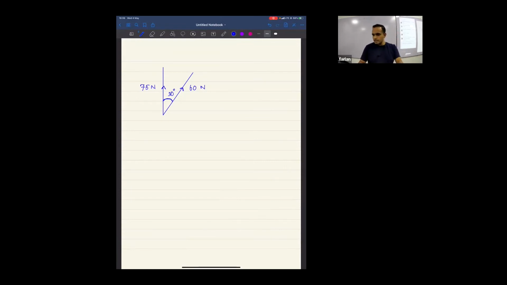I want to find the resultant. Can you tell me what is a good scale here? Same scale we can stick to: 10 newtons is 1 centimeter. With this scale, give a try.